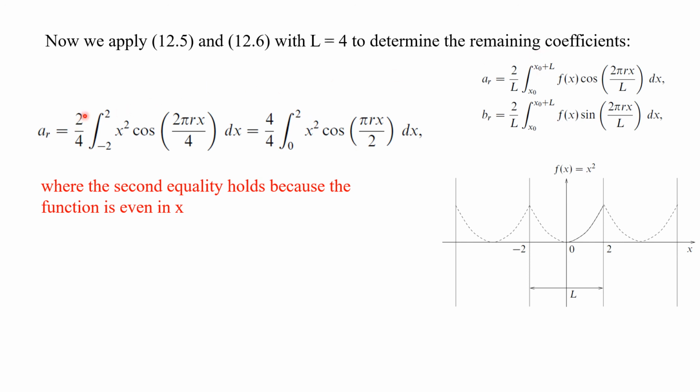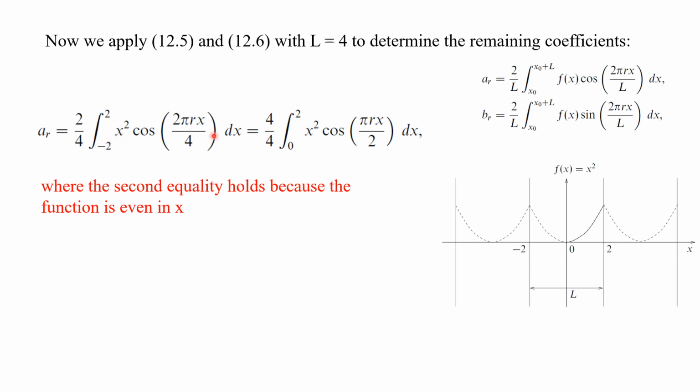So your a_r is equal to 2 over 4, where your L is equal to 4, times the integral from negative 2 to 2 of x squared cosine(2 pi r x over 4) dx. Your f(x) here is equal to x squared. We can divide these limits into 2 and just evaluate from 0 to 2, as this function is an even function, but we multiply by 2 to also take note of the interval from negative 2 to 0.